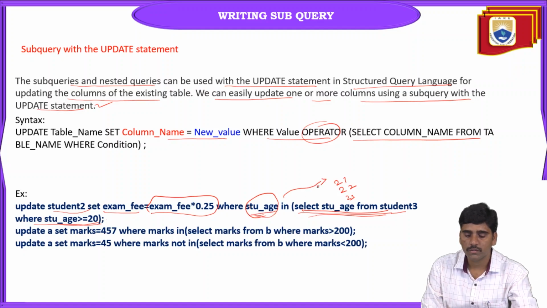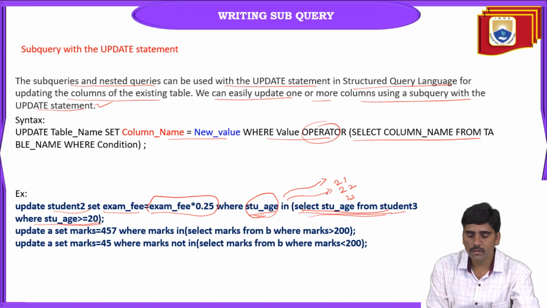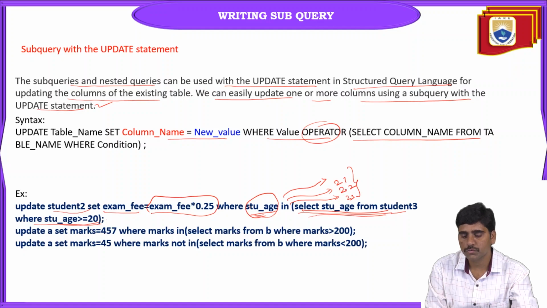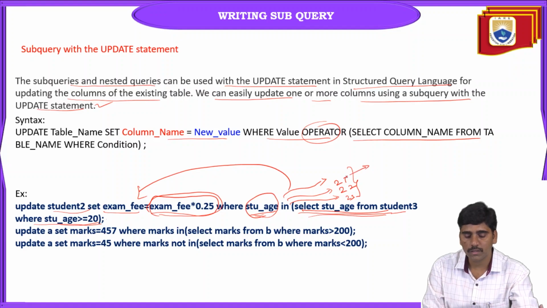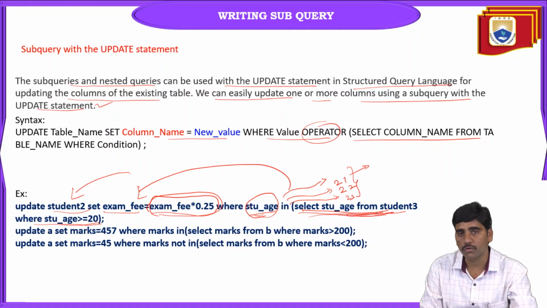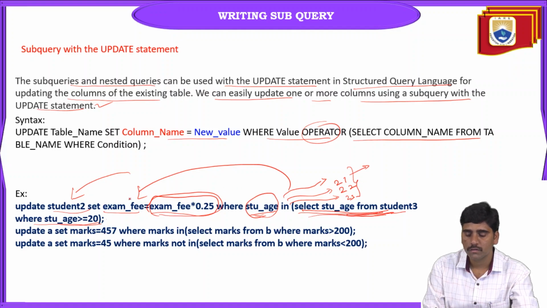In the main query, where student_age in, if a 21-year-old student is there, a 22-year-old, or a 23-year-old, for all these students the exam fee will be updated with exam_fee * 0.25 in the student2 table. So the subquery result is taken as a condition for the main query.